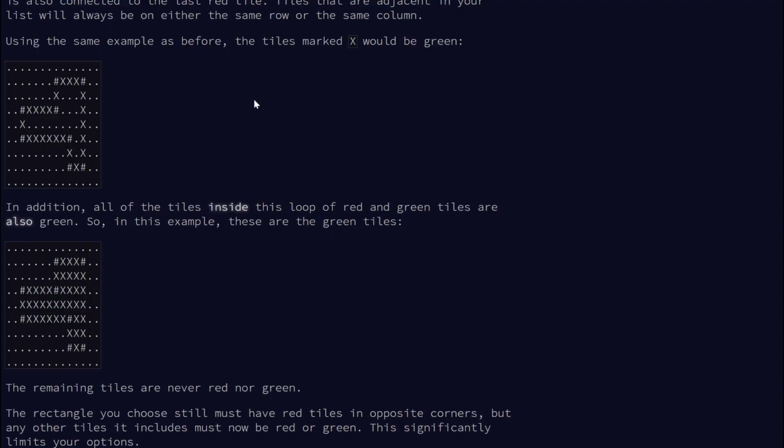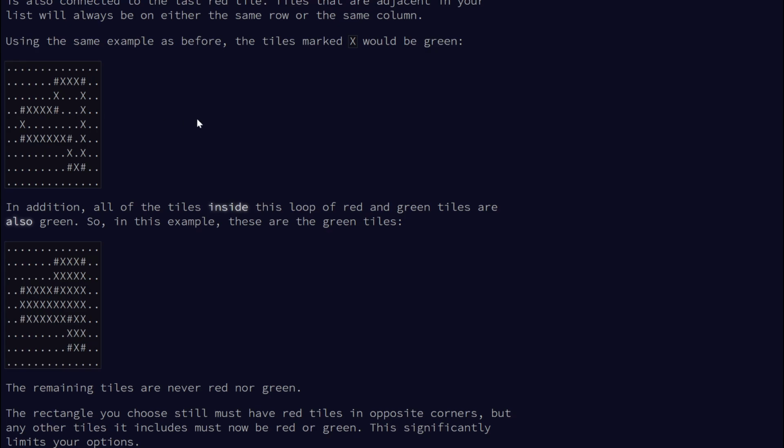If I can't even afford to store for each tile whether it's green or red, I could probably afford to do that on the perimeter, right? I could actually mark these tiles as green if that were helpful to me. And that would mean I could, for example, traverse this perimeter of the polygon, the rectangle I'm considering making.